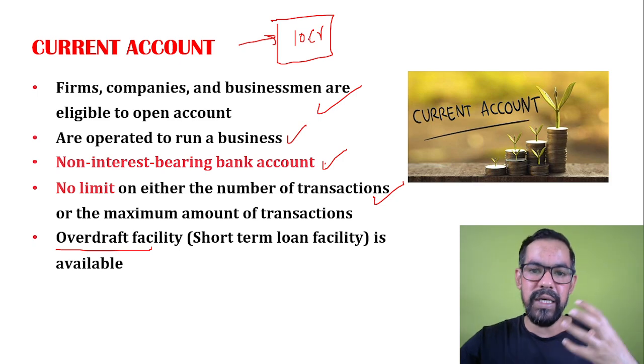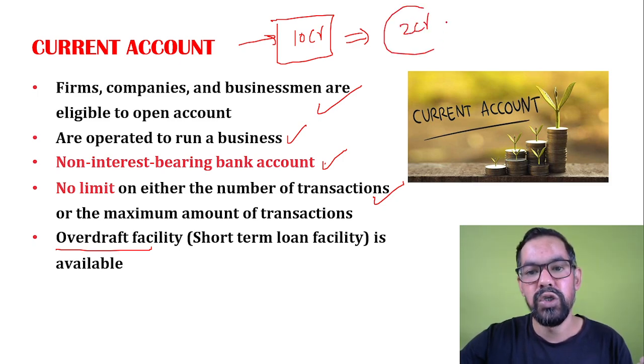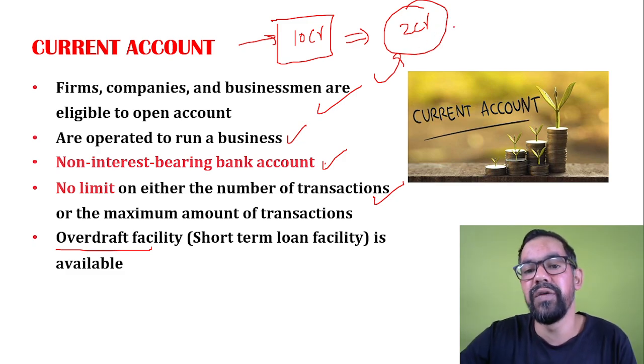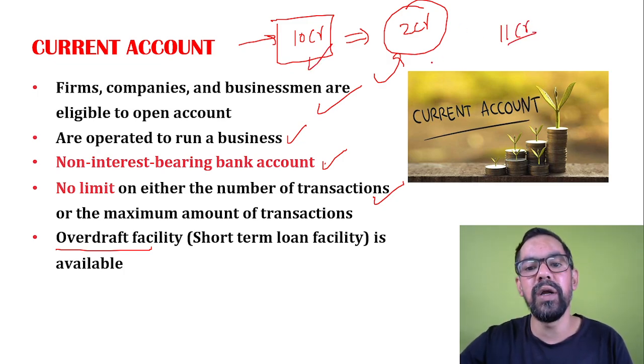On the basis of your past history, the bank gives you an overdraft facility of 2 crore rupees. So let's say if you have to make a payment of 11 crore rupees, 10 crore you can use from your money, and 1 crore you can withdraw from your overdraft facility.